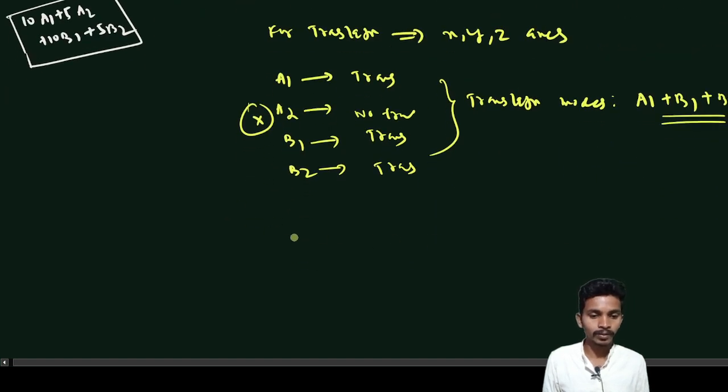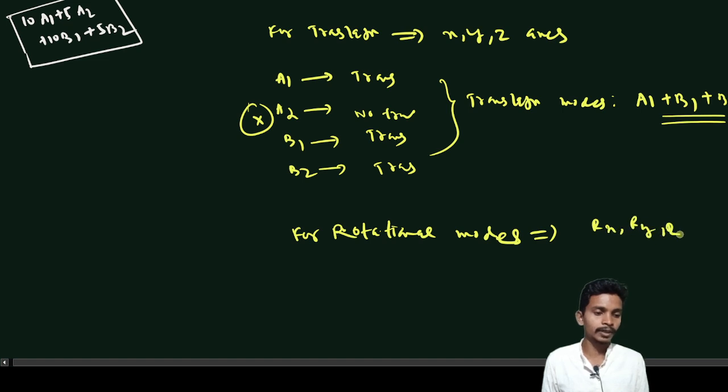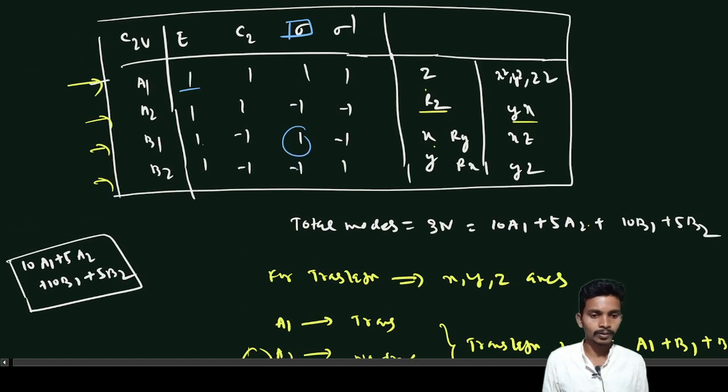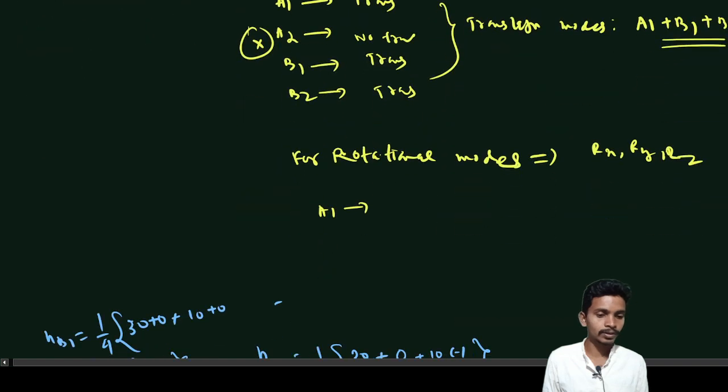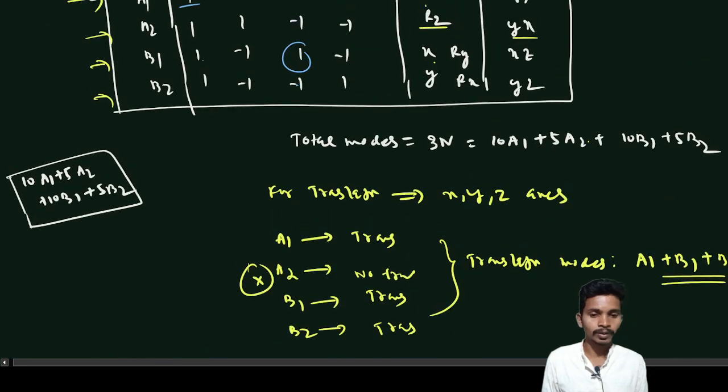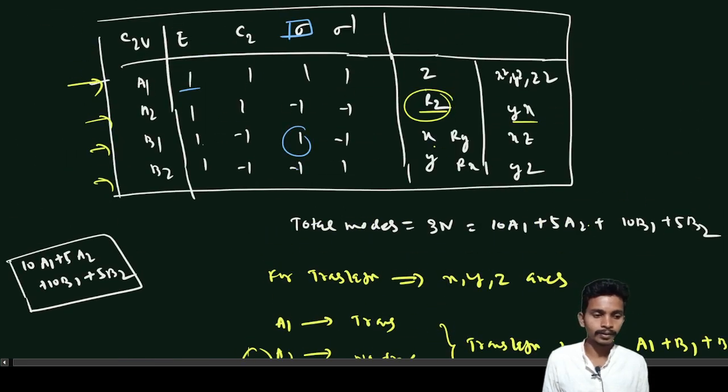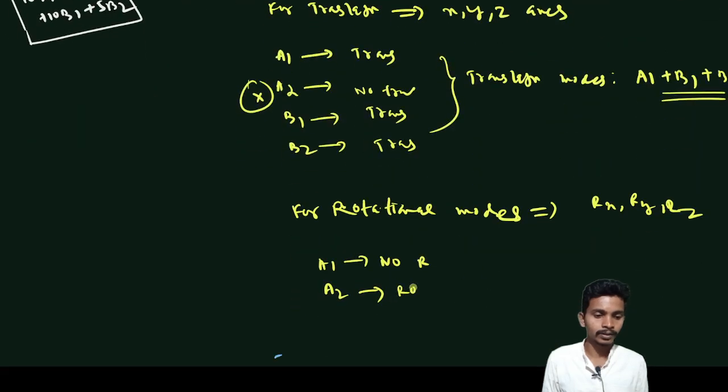Okay, so these are the translational modes. And for rotational modes, what will you look for? We look for Rx, Ry, and Rz. So similarly, we will check again for A1. Are rotational modes there? No. So A1 has no rotational modes. Look for A2. For A2, yes, it is there, so rotational. Let's check for B1.